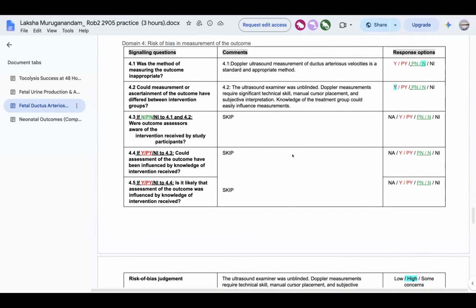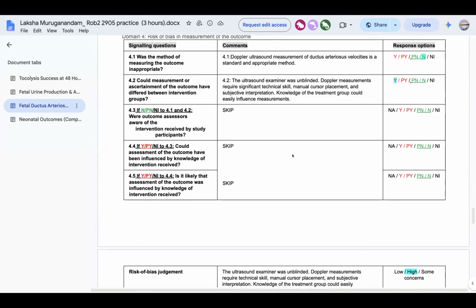I see what Laksha's saying about the detection bias, but they gave a number, it wasn't described as fast or slow.